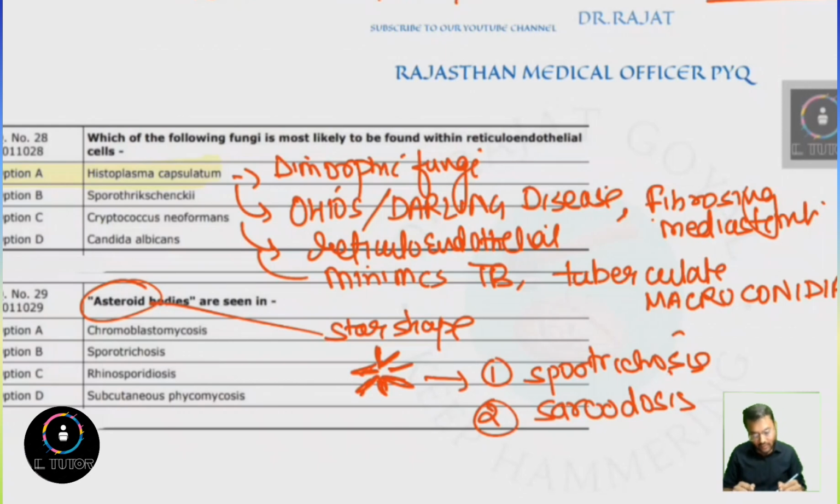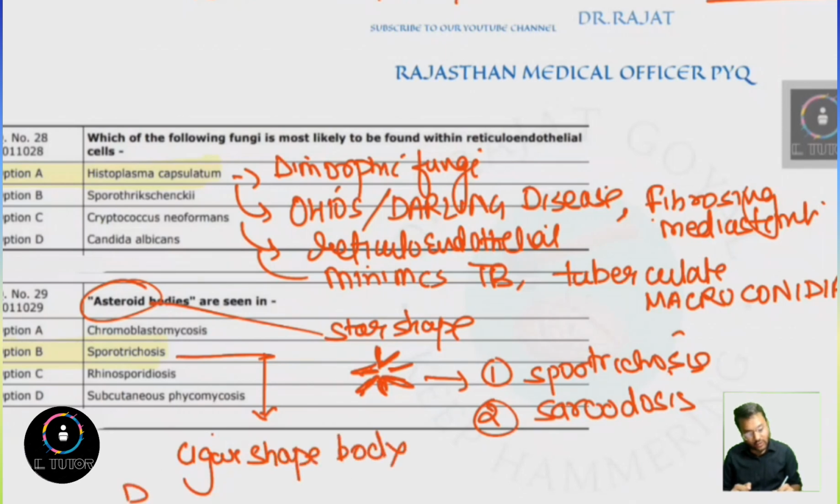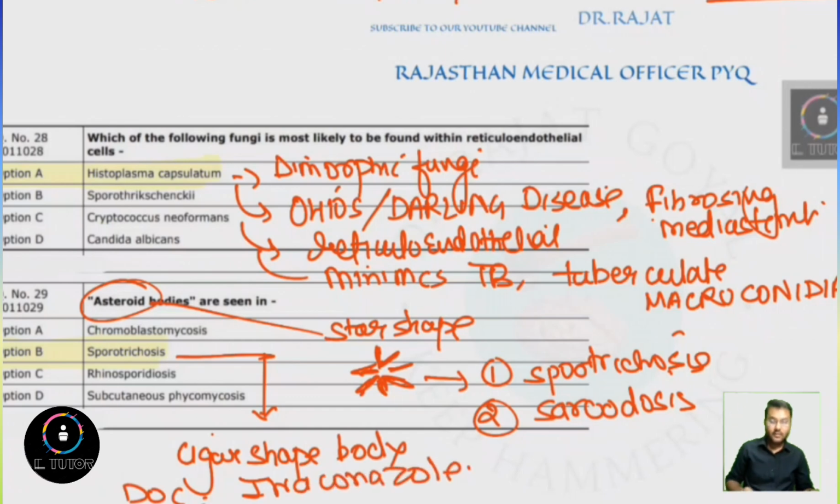So among the given option, answer will be sporotrichosis, which is option number B. Sporotrichosis also shows cigar-shaped bodies, and drug of choice will be itraconazole. So answer will be option number B, sporotrichosis.